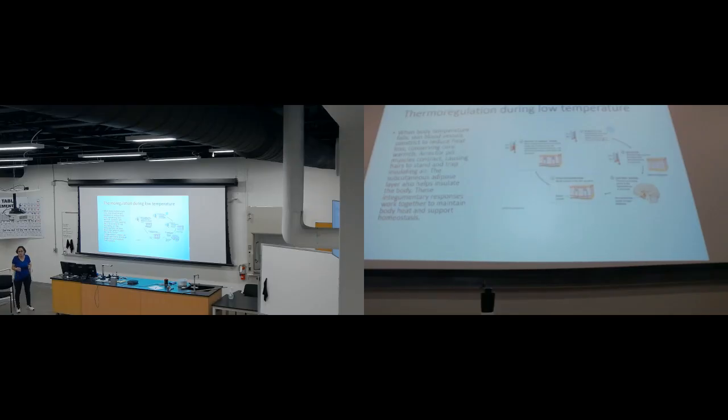You start shivering. And behavioral changes. If you feel cold, you grab something to put on so that you don't lose as much heat. And then once you have normal body temperature, that cycle stops. So that's the thermoregulation during lower temperature.